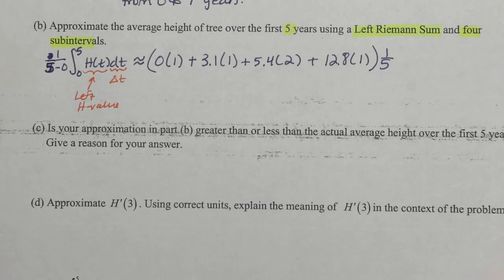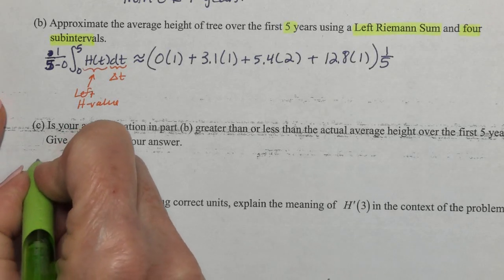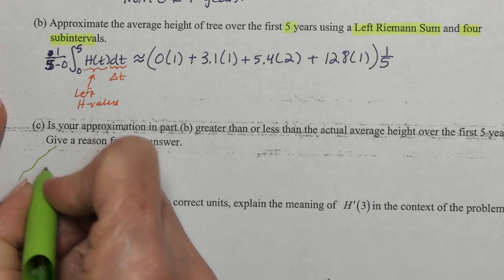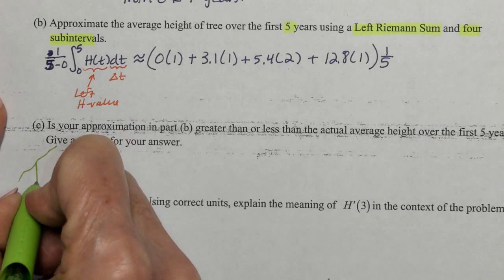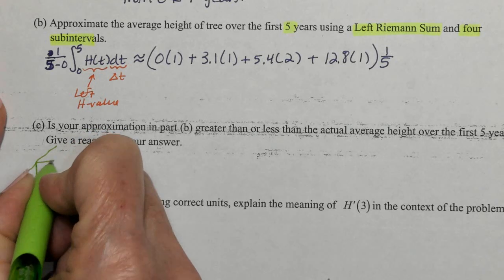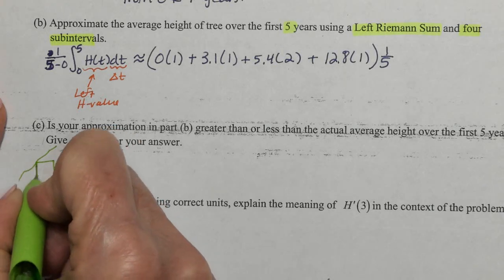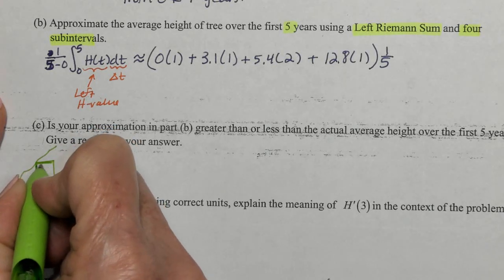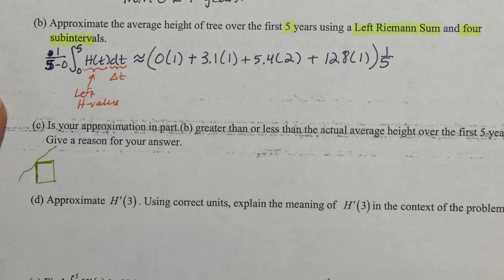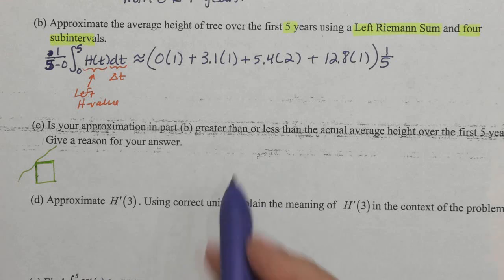So a left Riemann sum, here's our increasing function. A left Riemann sum uses the left side of every rectangle as the height of the rectangle, and each of these rectangles is going to lie below the curve. So our approximation will be less than the actual average height.